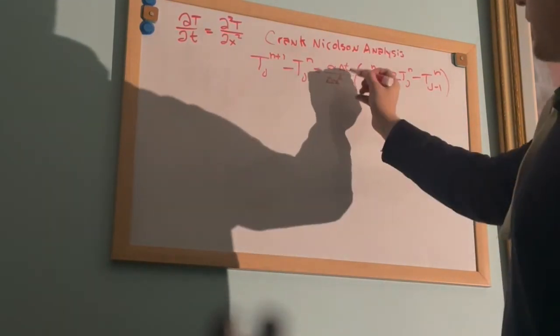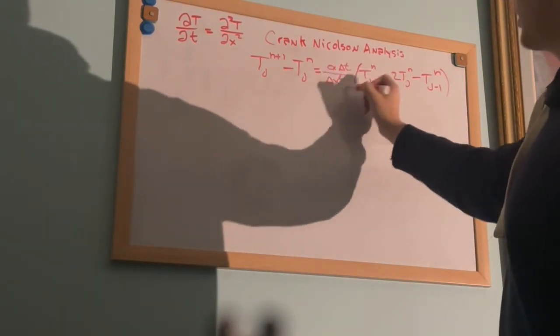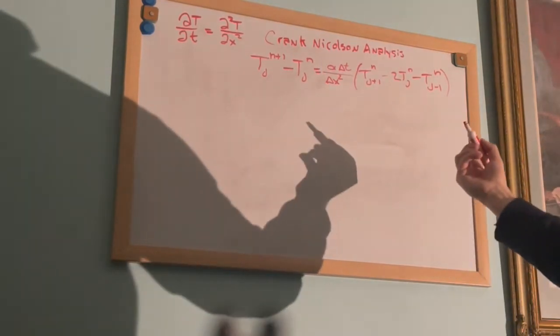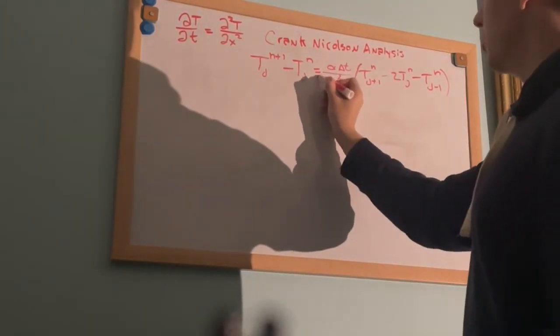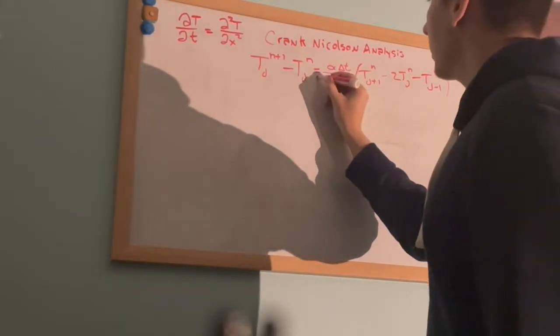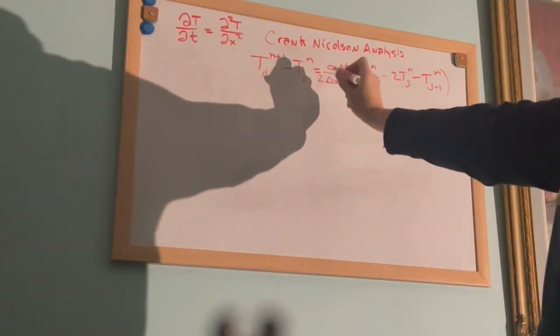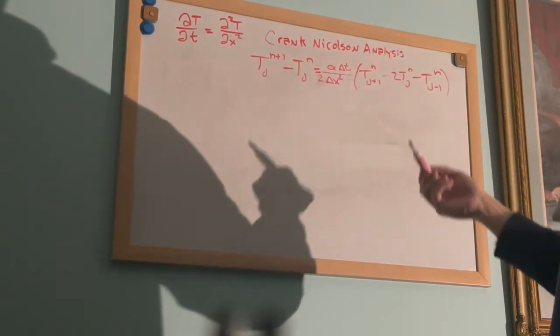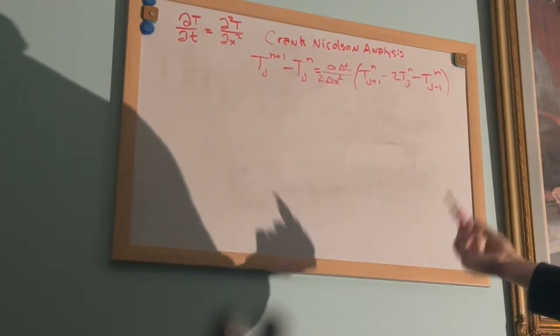So what's going to end up happening is, if you defined this whole entire equation as equal to r, the new equation would have a 2 right there. So it would be the heat diffusivity times the incremental change in time divided by 2 times the square of the incremental change in position.